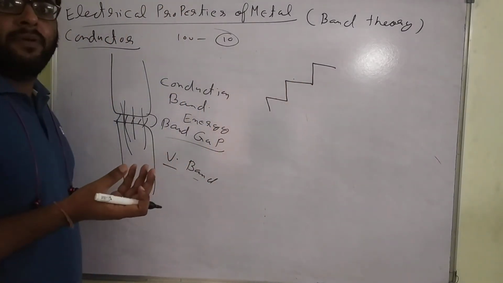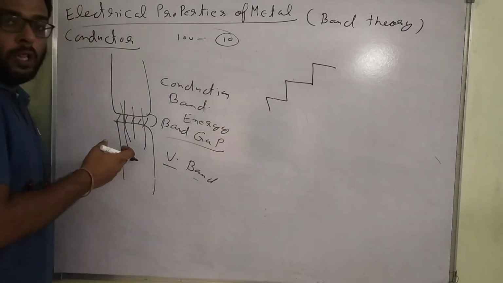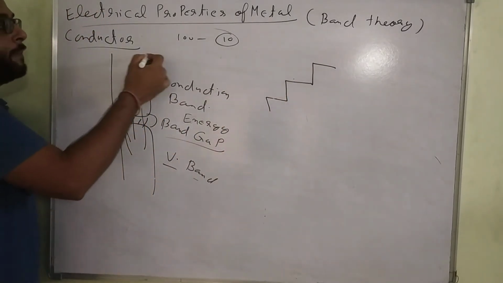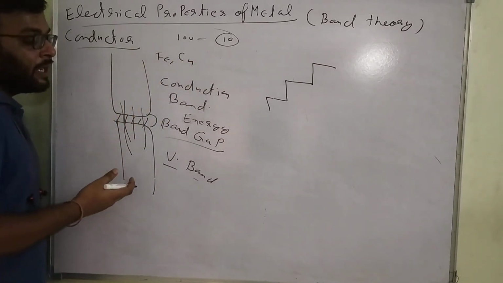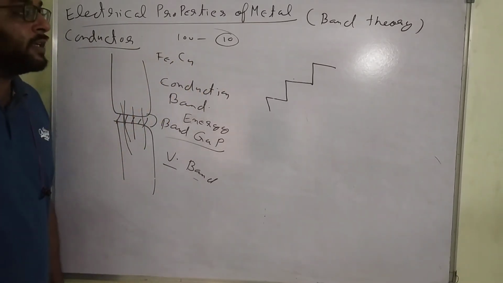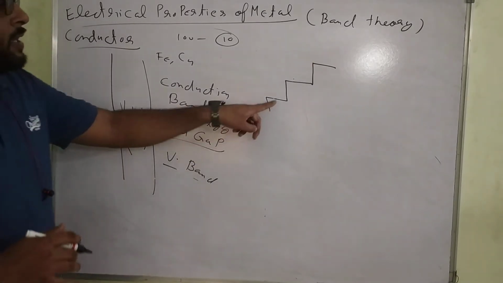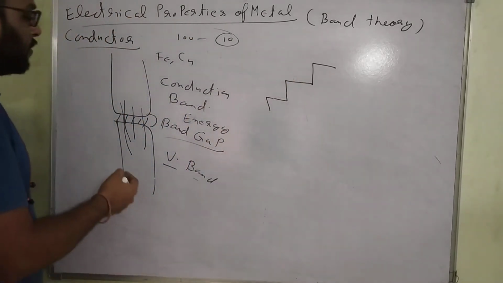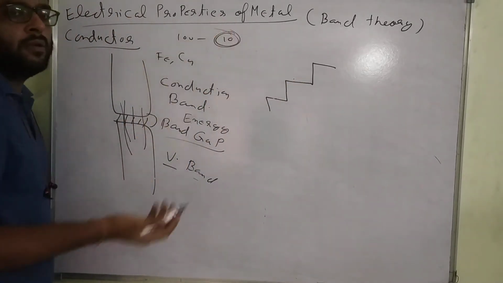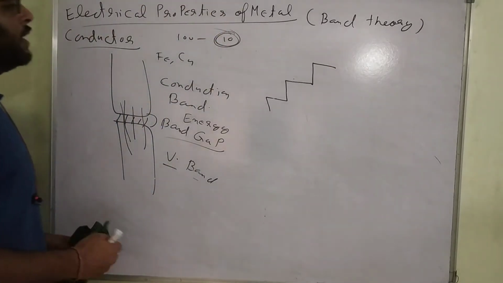The band gap is very small, so you can easily jump and all the electrons can move. So all metal atoms like iron and copper can easily conduct electricity. The next step is very approachable for all electrons, because 10% is a very low criterion. Anybody can go. What happens in insulators?